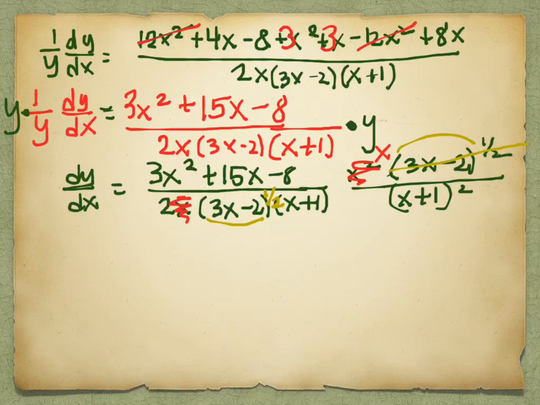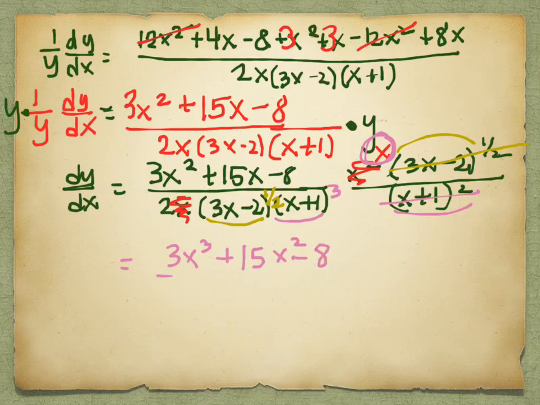And then the other thing that will simplify is that you can take this factor, and you can combine them to be cubed. So my grand result is 3x squared, cubed, because I need to distribute that power of x right here, or factor of x here. There's 3x cubed plus 15x squared minus 8.